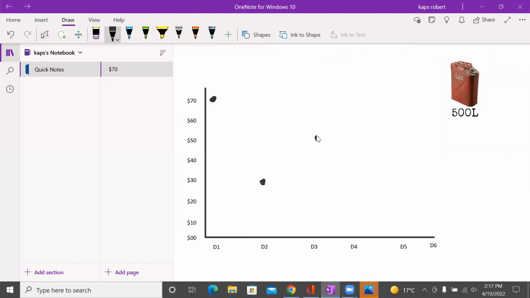And then on day four they were at $10. And then on day five they were at least 60, let's say $70. And then $70. And then on the basics they were at $80 a day.